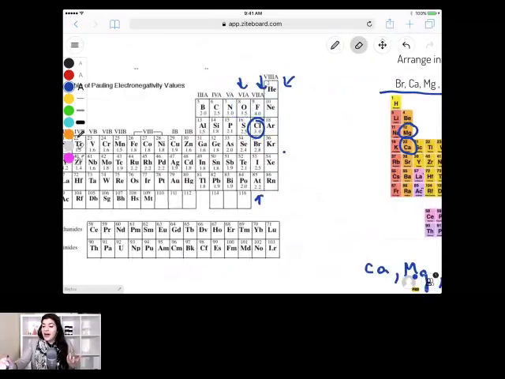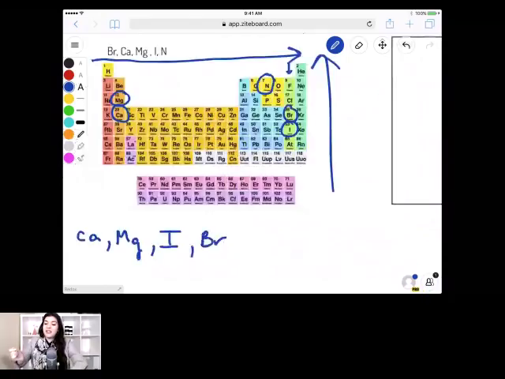So if we were to look at nitrogen and bromine, well, bromine is barely 2.8 and nitrogen is 3.0. So nitrogen wins because it's a little bit further up, even though they're both one atom away from fluorine. Because nitrogen is higher up, then that one is more electronegative. So that'll tell us that, all right, bromine is next and nitrogen is the most electronegative atom in this case.